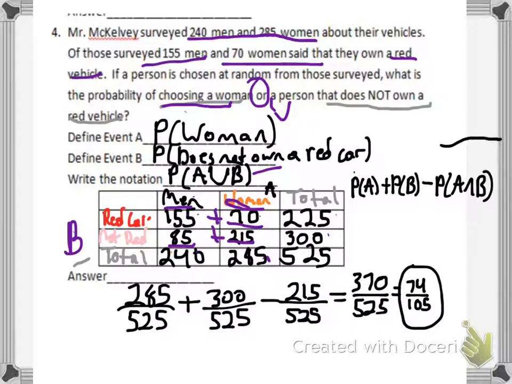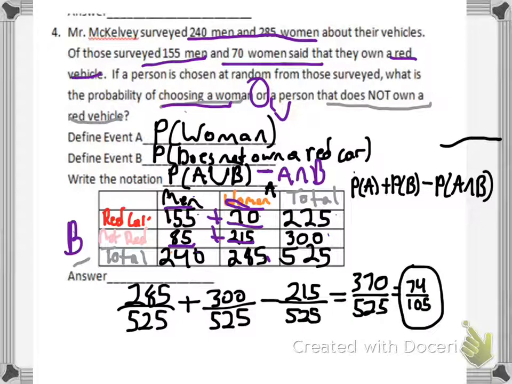Now, my notation here, and I need to add something to my notation. So, A union B, right here, minus A intersect B, because we're going to add one extra, you'll see.